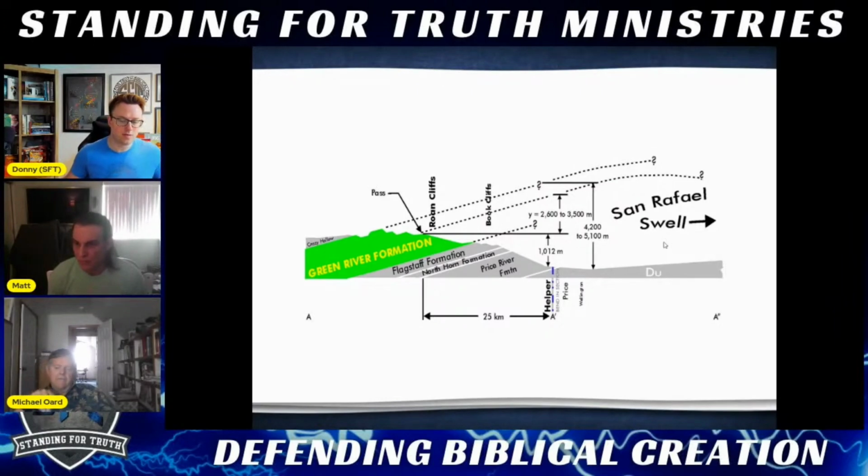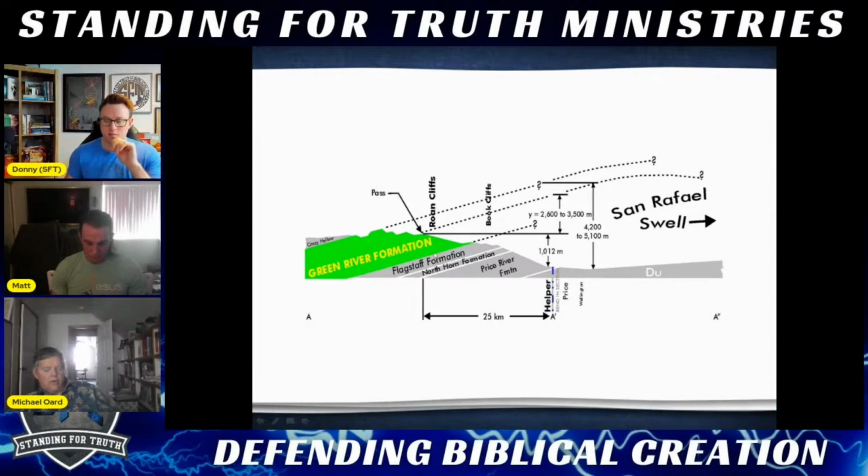Yes. This is an example of some of the erosion. I did a trigonometry calculation over the San Rafael Swell, the northwest Colorado Plateau, where I got an average of 4,200 to 5,000 meters of erosion right near the top of the San Rafael Swell, based on trigonometry from this pass right here to about Helper or Price, Utah. 25 kilometers base.